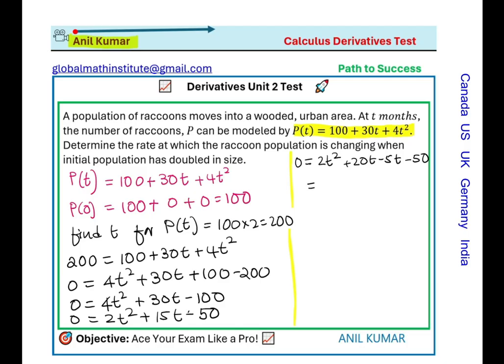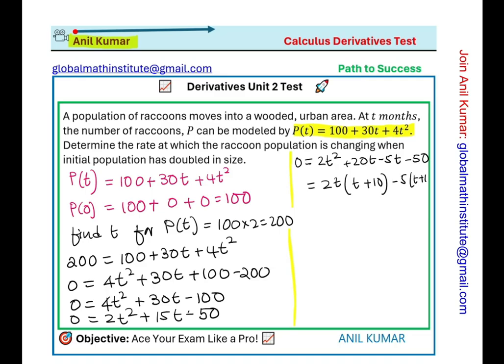Let's factor this: 2t, and we get t plus 10 minus 5 times t plus 10. So t plus 10 is a common factor, times 2t minus 5. So t can be minus 10, but t is greater than or equal to 0, as you know, right?